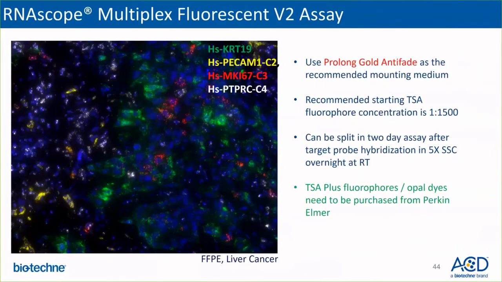The multiplex fluorescent V2 assay is a TSA-based assay. TSA Plus fluorophores or Opal dyes have to be purchased separately from PerkinElmer. Again, we recommend using ProLong Gold antifade as the mounting medium.